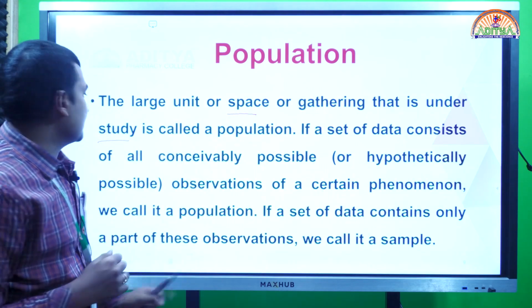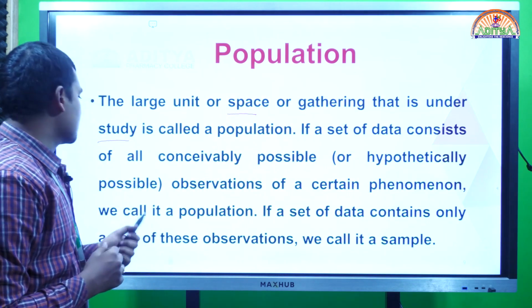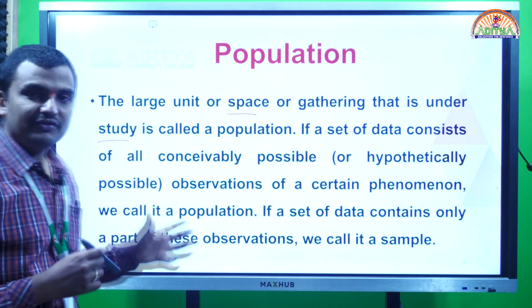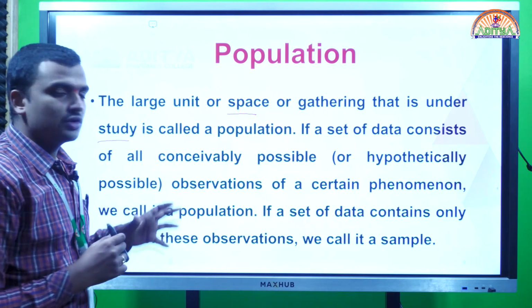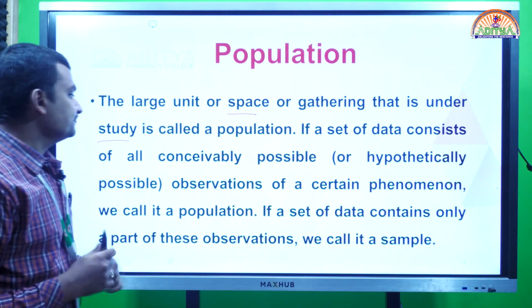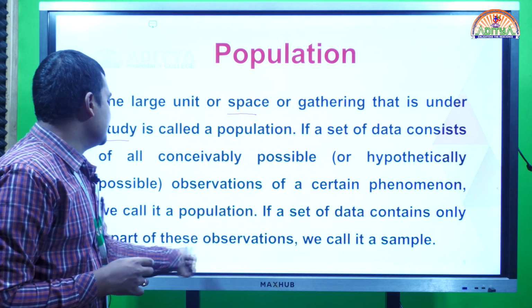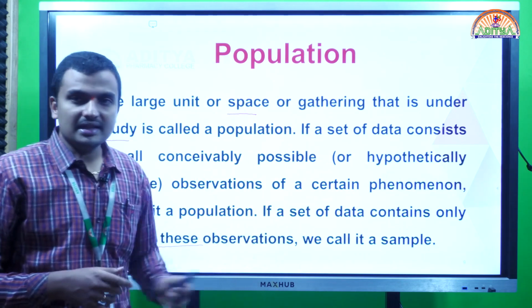If a set of data consists of all conceivable, possible or hypothetically possible observations of a certain phenomenon, this can also be regarded as a population. If a set of data contains only a part of these observations, we call it a sample.